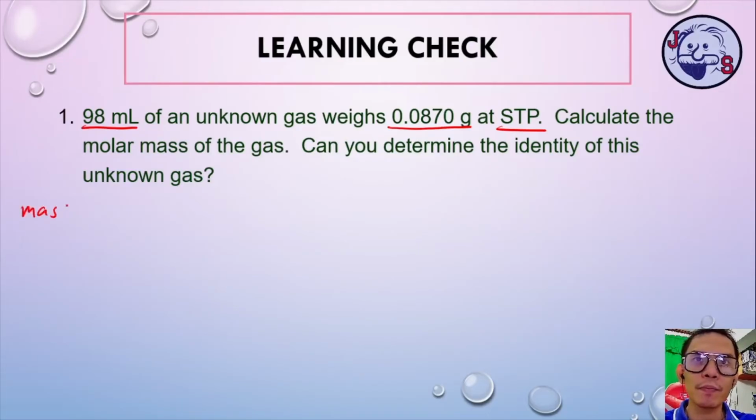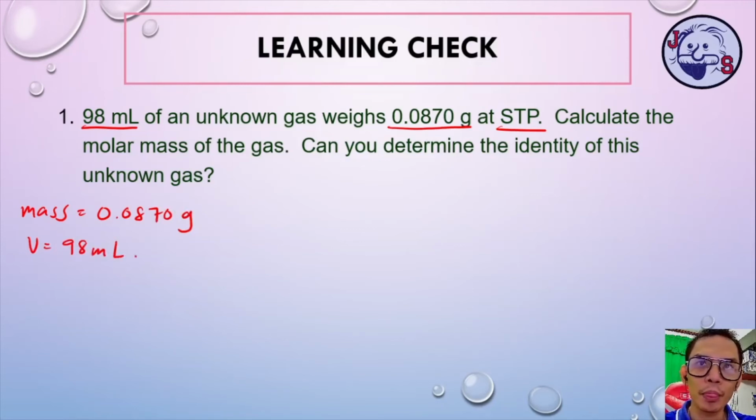The mass is 0.0870 gram. And the volume is 98 mL, which is equivalent to 98 over 1000, so that will be 0.098 liters.